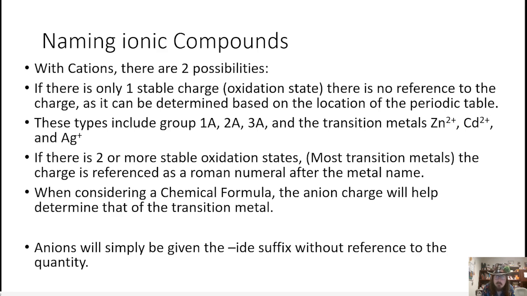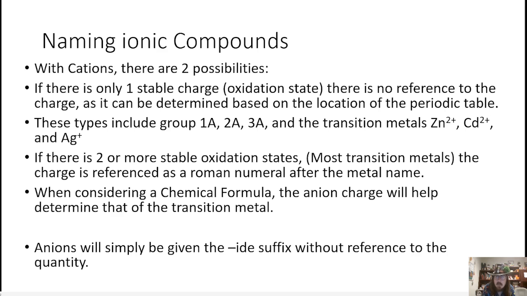We don't need to refer to the charge. We know this is what it is based on where it is on the periodic table. So this is always true of groups 1A, 2A, 3A, and those 3 special transition metals, zinc, cadmium, and silver.